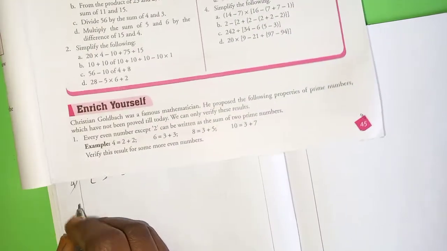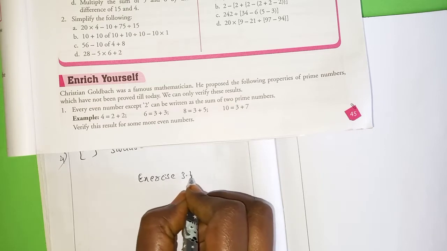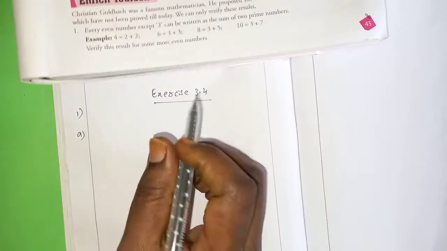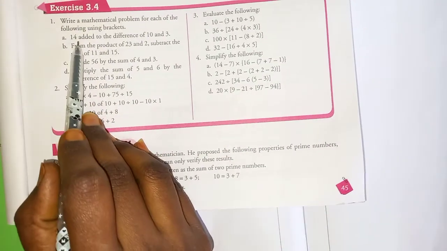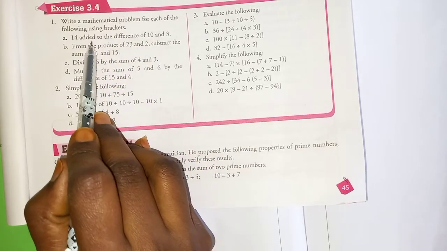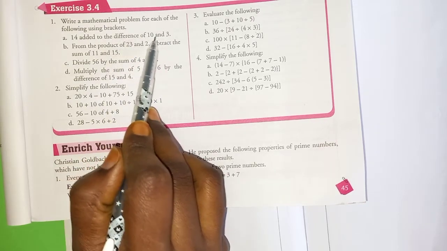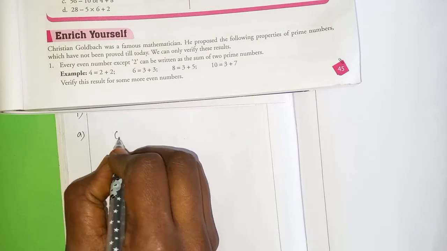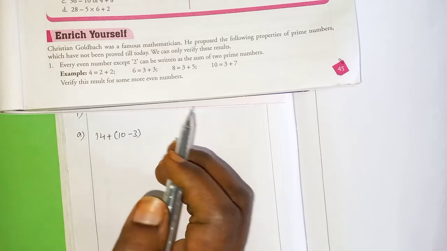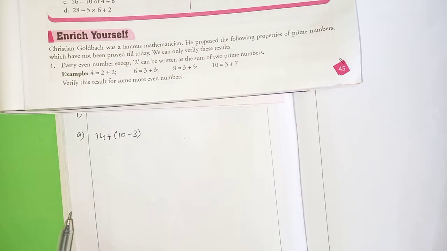First one, A. 14 added to the difference of 10 and 3. First you have to write the difference of 10 and 3, so the difference of 10 and 3 is added to the 14.